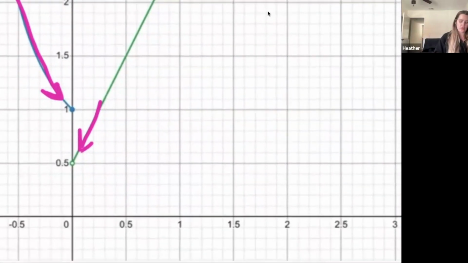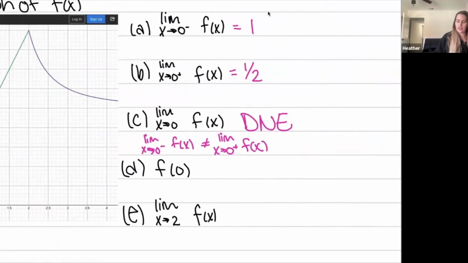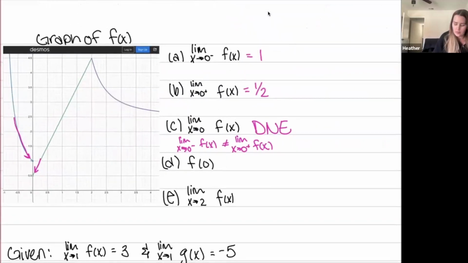If we look really close to this teeny tiny baby graph, I can see that this one is bubbled in. When it's open, that means it's not included. When it's bubbled in, that means it is included. At this value there's a piecewise function, but the function does exist. So when x is 0, y is 1. So here, f of 0 is equal to 1.